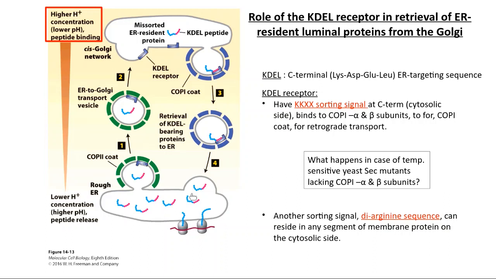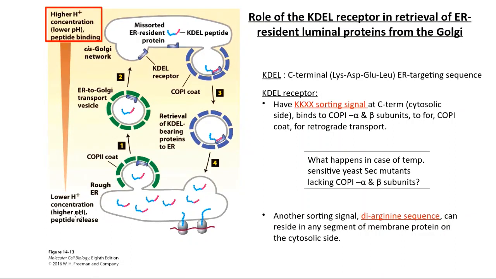Well, because of this difference. There is lower pH and higher hydrogen ion concentration in the cis Golgi, which helps in the peptide binding by this KDEL receptor to this KDEL peptide. In case of the ER, we have higher pH.